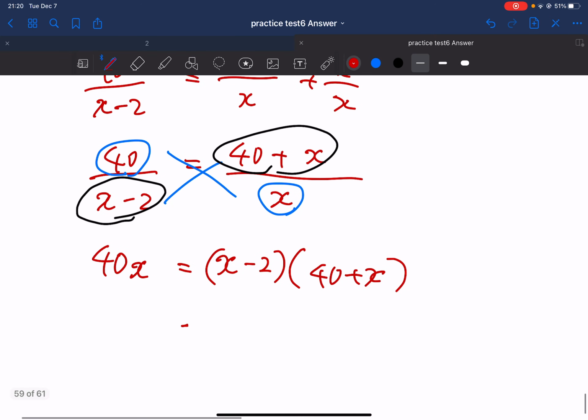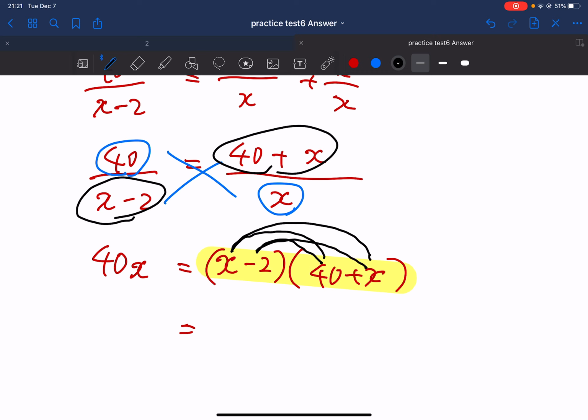Now, let's FOIL this one. So how do you FOIL? x times 40, x times x, negative 2 times 40, and negative 2 times x. That's how to FOIL.